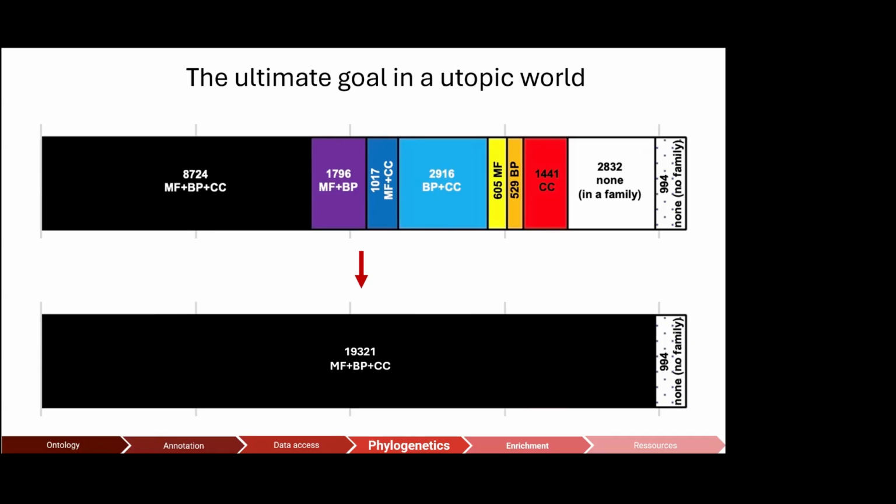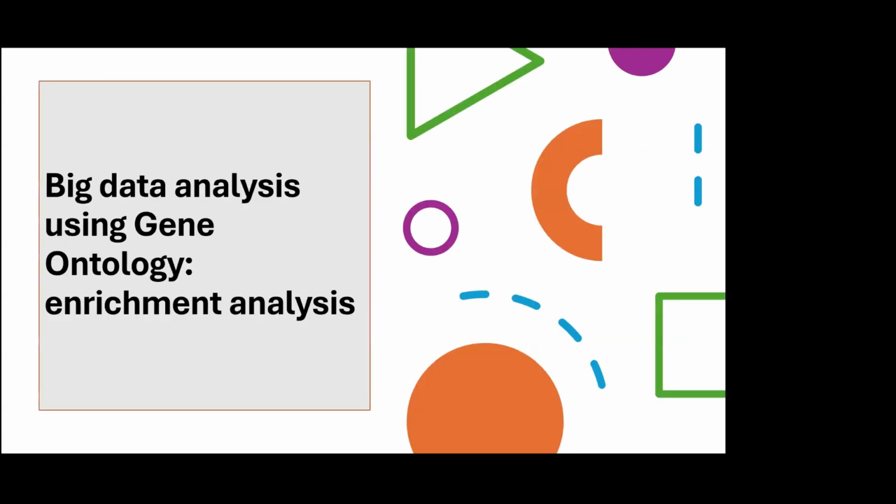So this was just to show you how far we can go just using the phylogenetic annotation. We increase the coverage, not only of human, of all the species, and we increase the specificity. We are highly specific. We increase the selectivity of the terms.